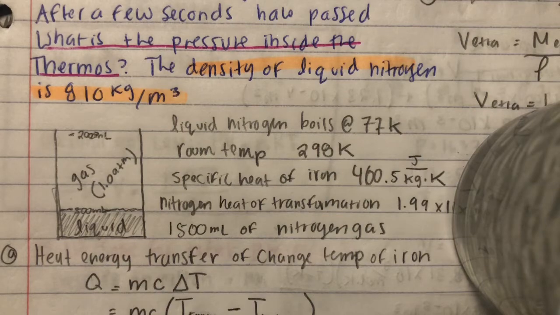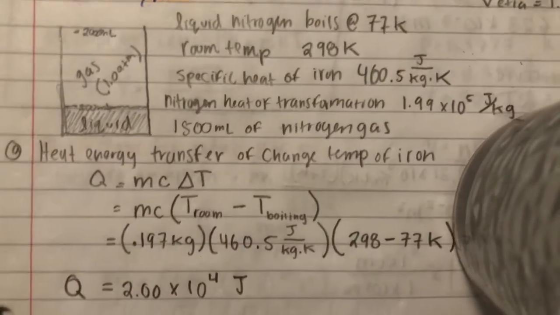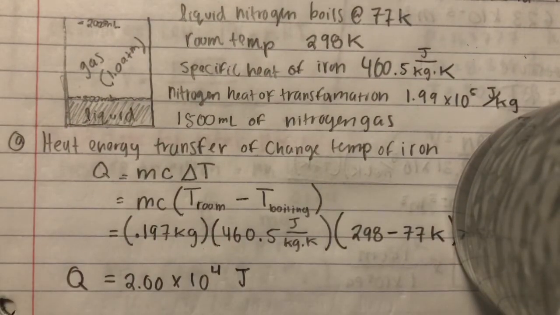So first things first, we're going to find the heat energy transfer for the change in temperature of iron. That's given by Q equals MC times the change in temperature. The mass is 0.197 kilograms. The specific heat capacity of iron is 460.5.